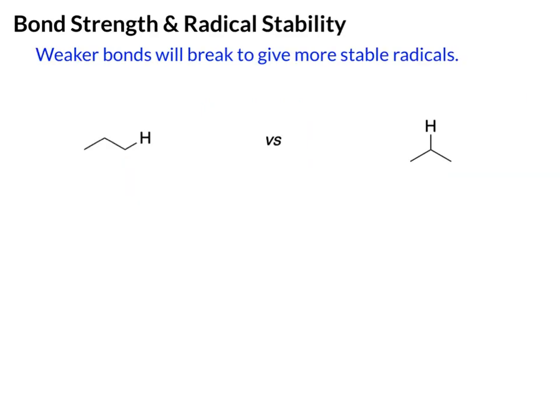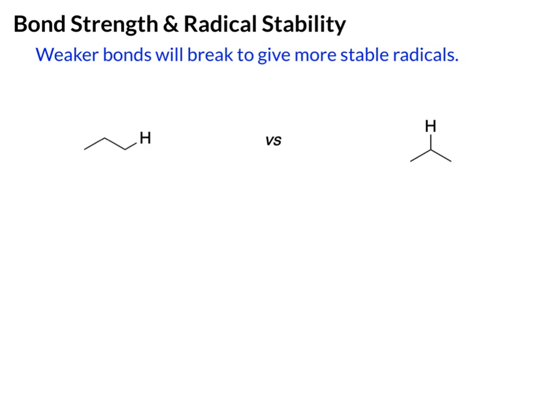We can use radical stability to predict bond strength. And our guideline here is that weaker bonds will break to give more stable radicals. So if we look at propane, and I've highlighted specifically two different hydrogens in propane.